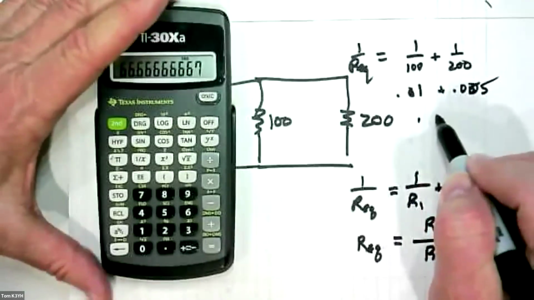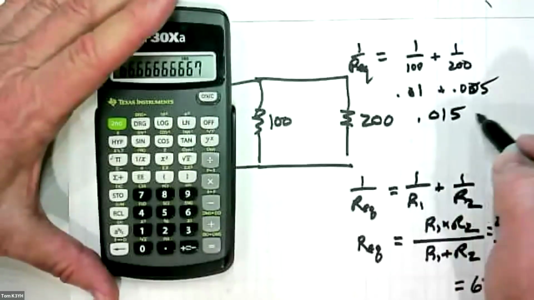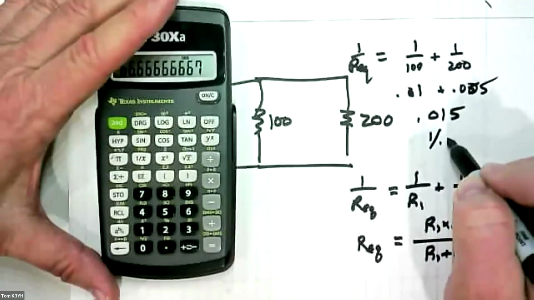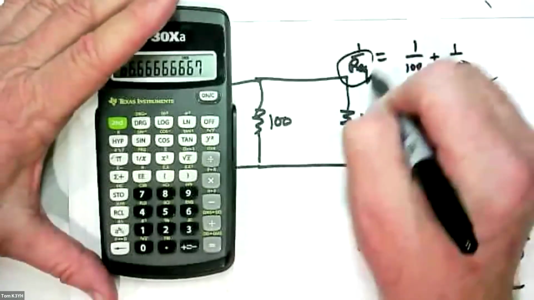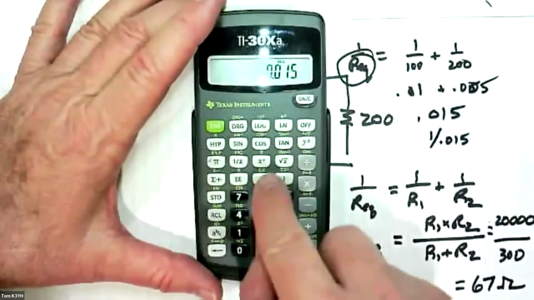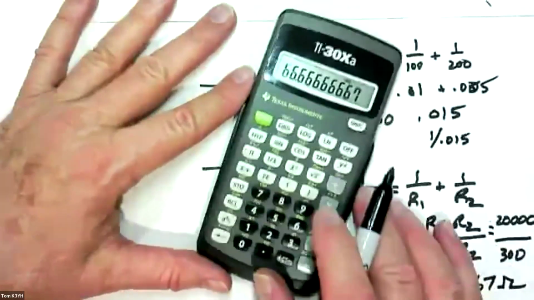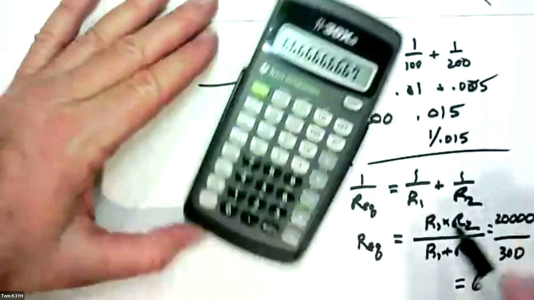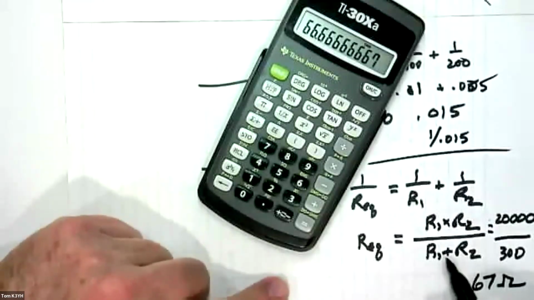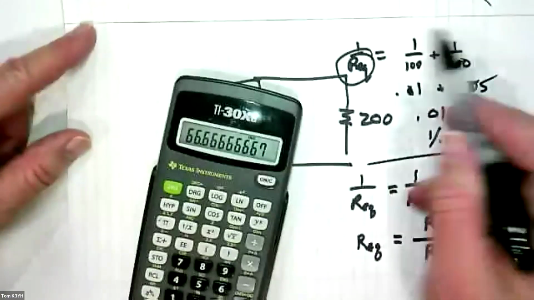Okay, so now I've got 0.015, but then I have to do 1 over 0.015 to get that R. So 0.015 and 1 over X, and I got the same answer. I got 67.